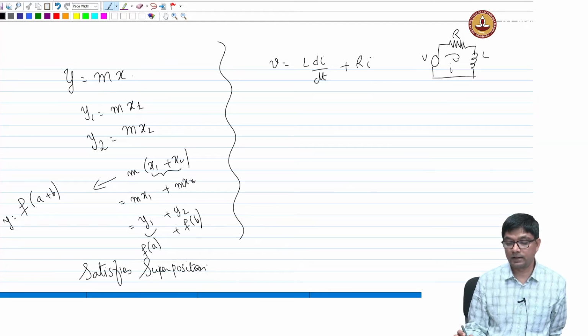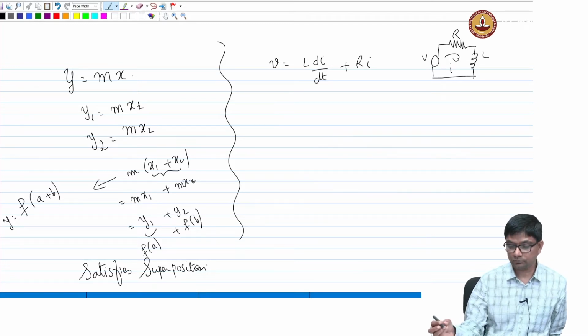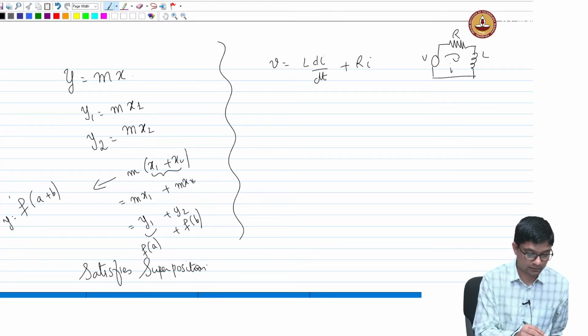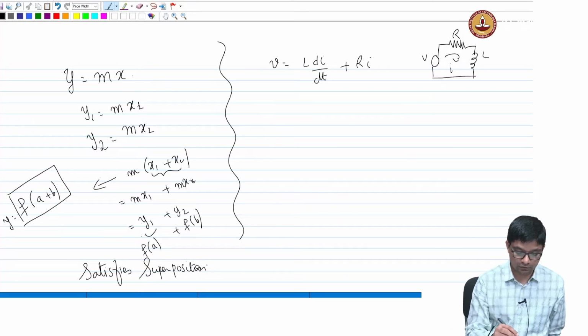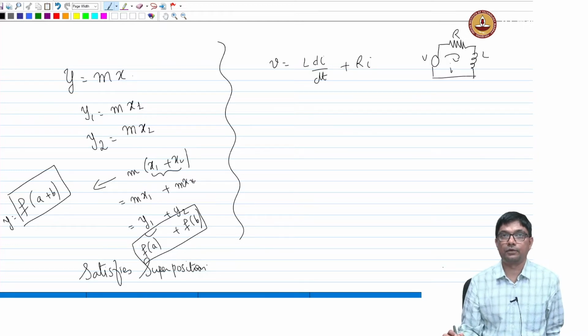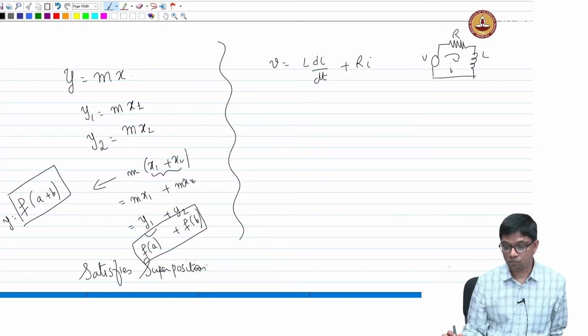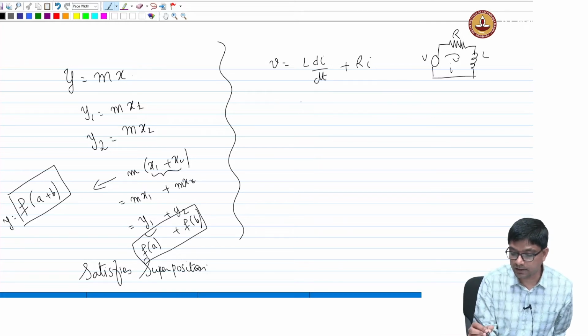Again I have to check the applicability of this: f of a plus b should be equal to individually f of a plus f of b.